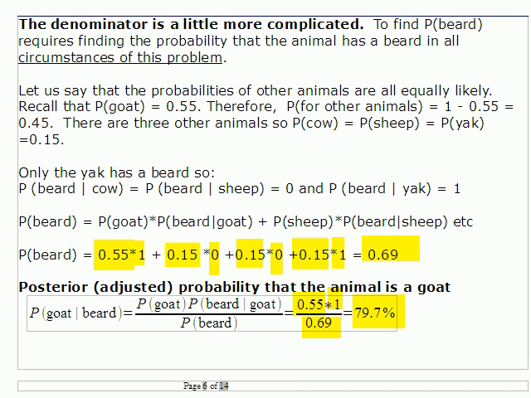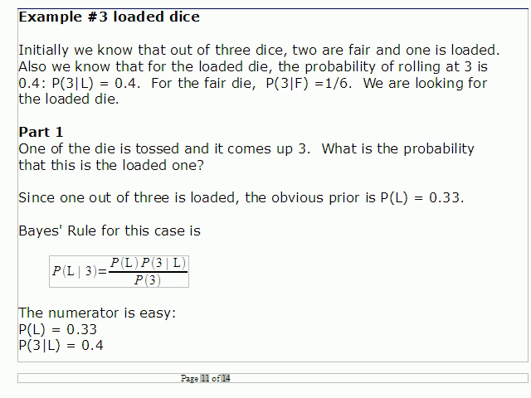We'll do another one using dice. So now we have a loaded die. Okay, so we've got 3 dice, and we know that 2 are fair and 1 is loaded. We also know that the loaded die has a probability of rolling a 3 that is 0.4.